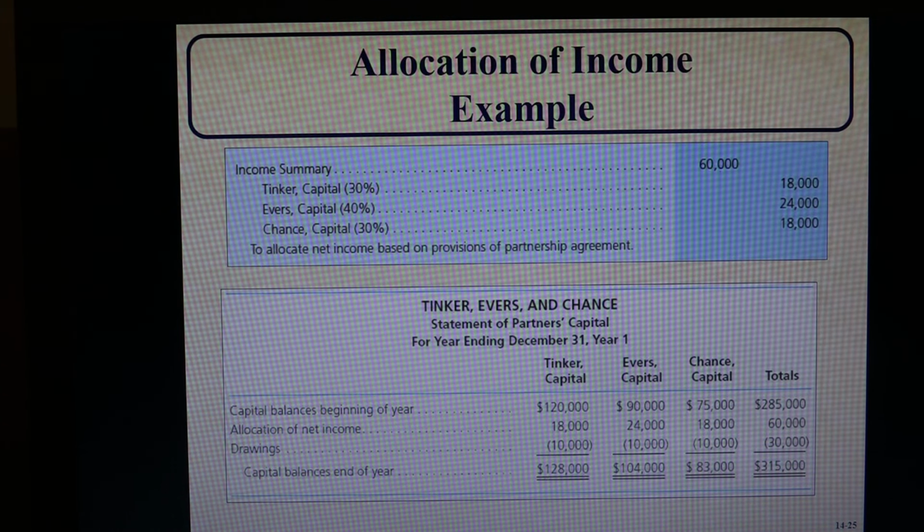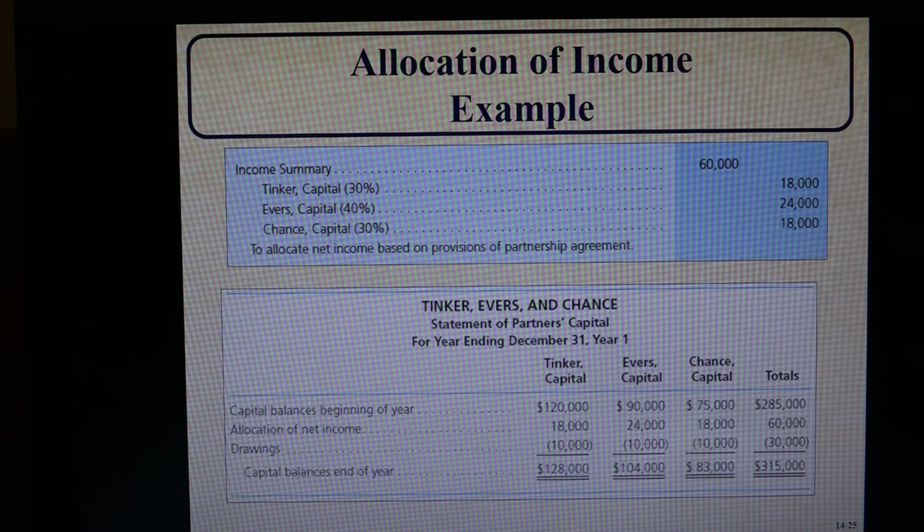What they've done, if you look on page 640, they don't show in this example the draw account that you're going to have. Now, this example should have said that you assume that each takes out their $10,000, okay?